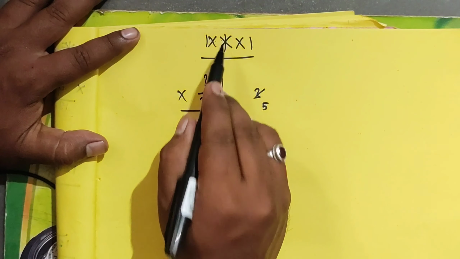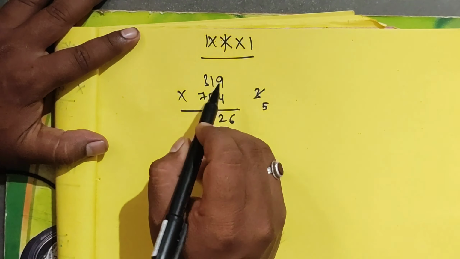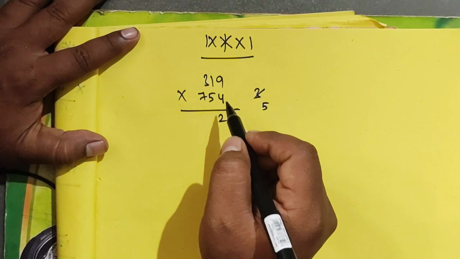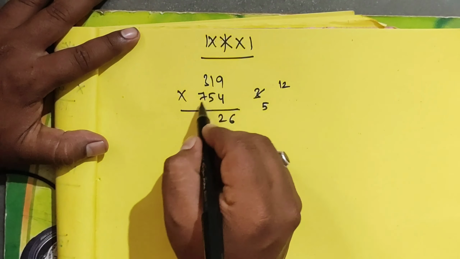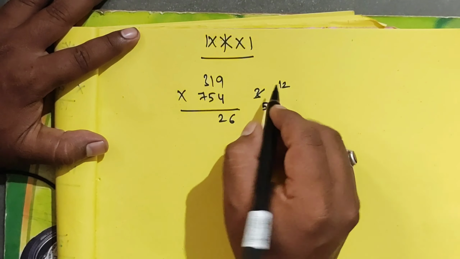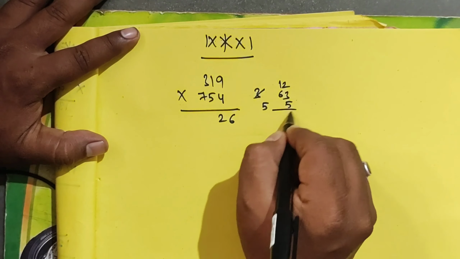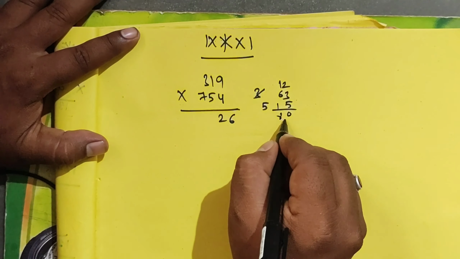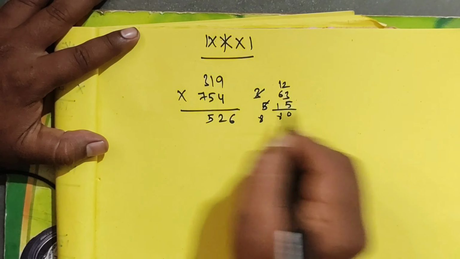Now take the star here, which means take all 3 digits. First of all multiply the edges, then go for the middle numbers. 3 into 4 is 12, 7 into 9 is 63 and 5 into 1 is 5, it becomes 80 plus 5 is 85, 5 carry 8.